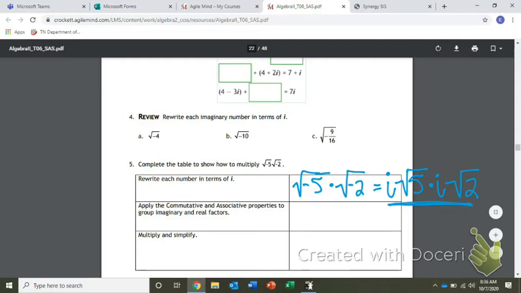So I'm just going to group them. i times i. How many square roots do I have? So I'm going to group the square root of 5 and the square root of 2.